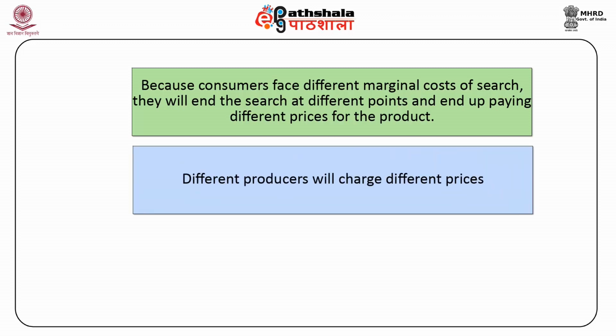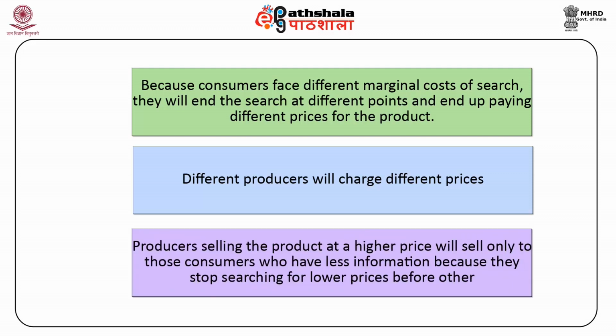Different producers will charge different prices. Producers selling the product at a higher price will sell only to those consumers who have less information because they stop searching for lower prices before others.